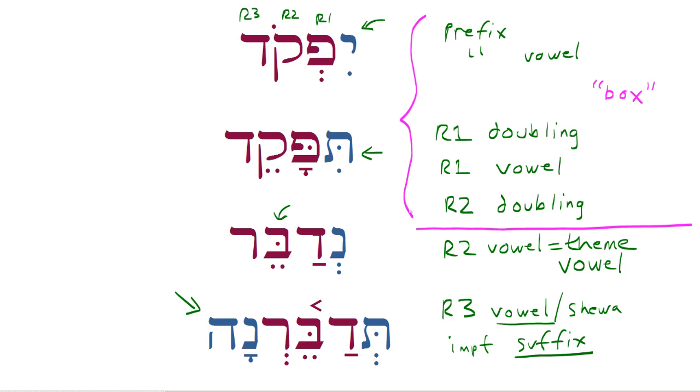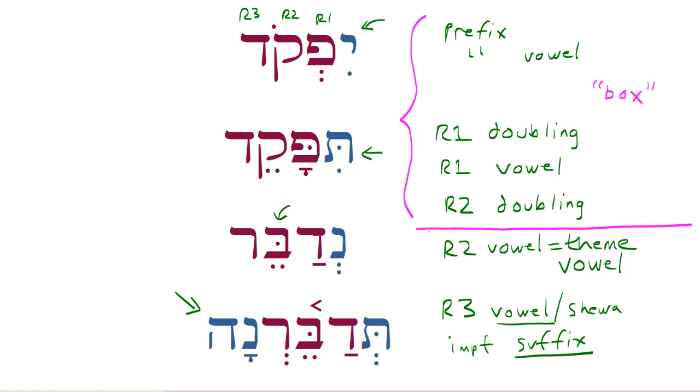We'll see that for strong verbs you can learn a lot just by paying attention to this. Theme vowels are important and we will pay attention to them, but we're going to focus first on the prefix if it exists, the prefix vowel, R1 doubling, R1 vowel, R2 doubling, these so-called box characteristics, and kind of master those. And then look at theme vowels when we have to.